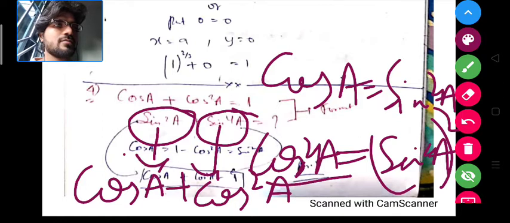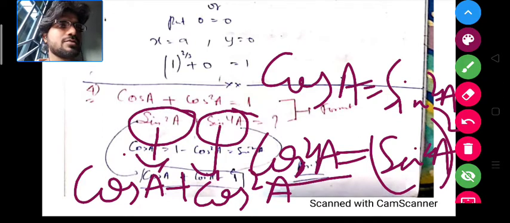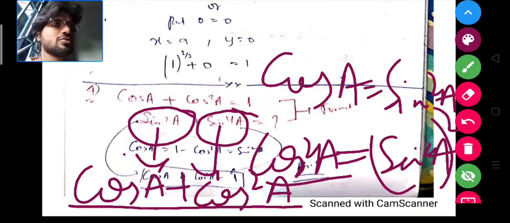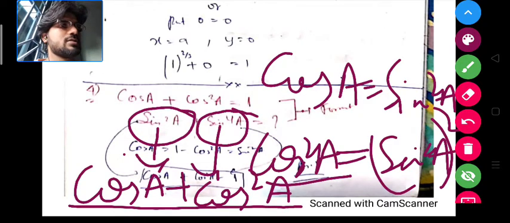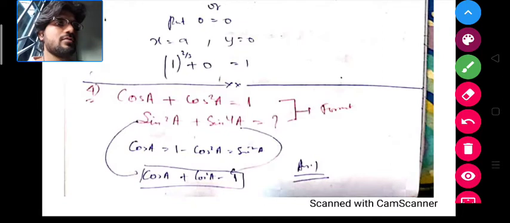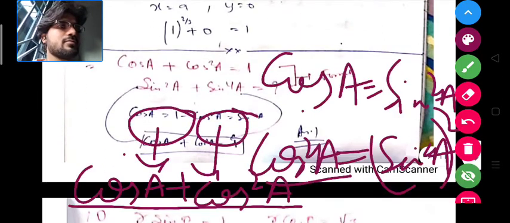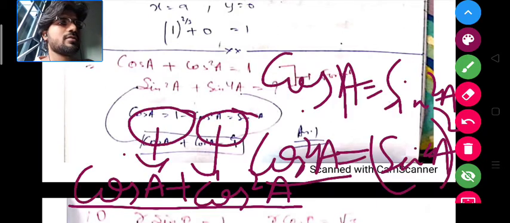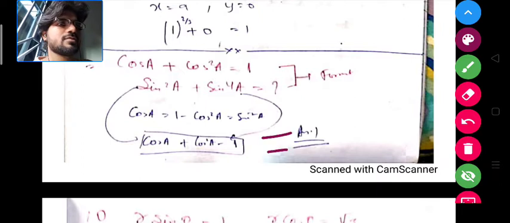This value we know, according to the question, is 1. So answer is 1. As simple. Okay, let's proceed.